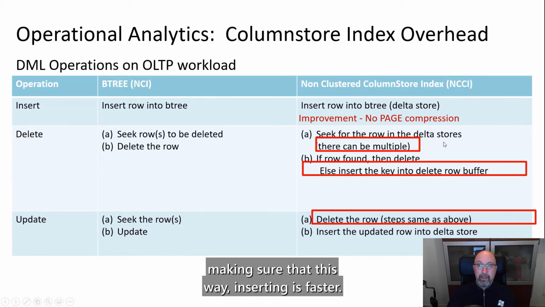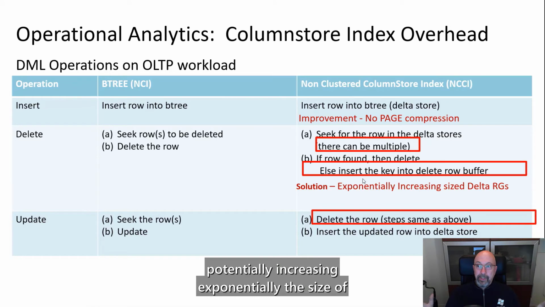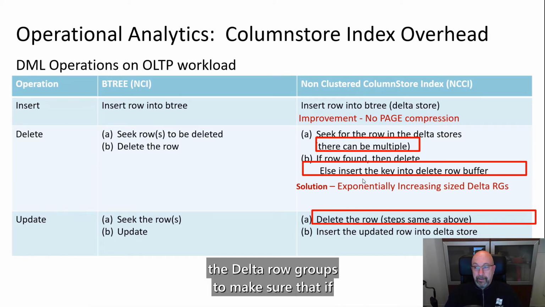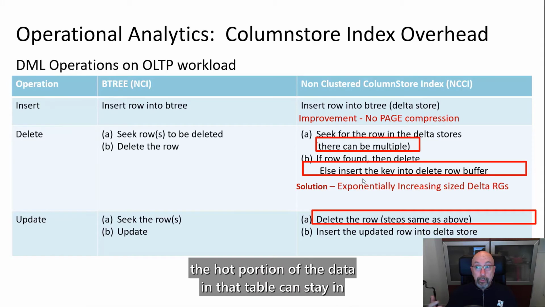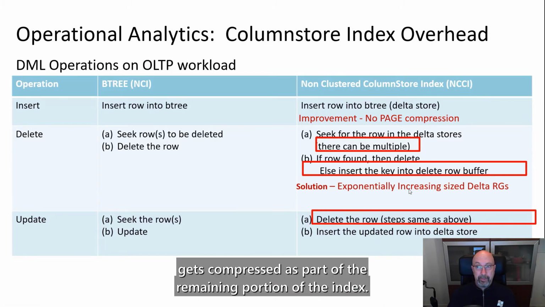At the same time, we are potentially increasing exponentially the size of the delta row groups, so that the hot portion of the data in that table can stay in row store mode longer before it gets compressed as part of the remaining portion of the index.